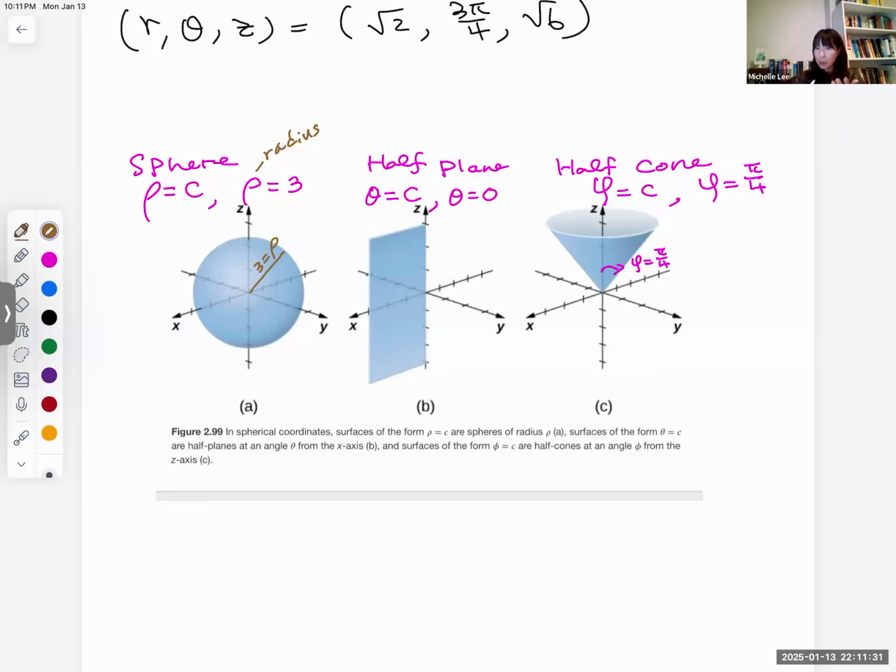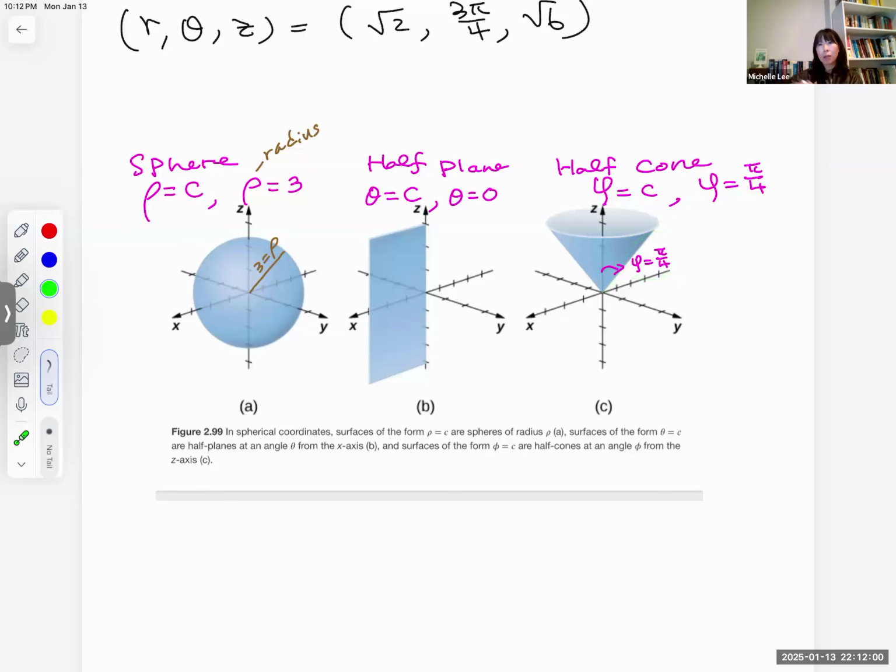And we express this figure as phi equal to some number, radians. So what was phi? We measure the angle from the positive z-axis, right? So in that case, it's phi equal to pi over 4 because we measure from the positive z-axis here. So phi equal to pi over 4.